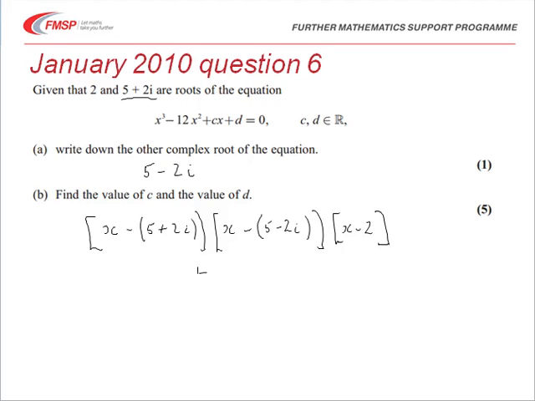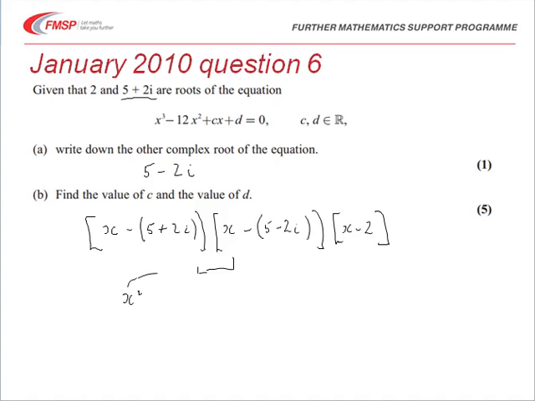And multiplying out these two complex ones first of all gives us x squared for the first term, so the x multiplied by the x, and then we get two parts, one which is minus 5 plus 2i times x, and the other one minus 5 minus 2i times x.